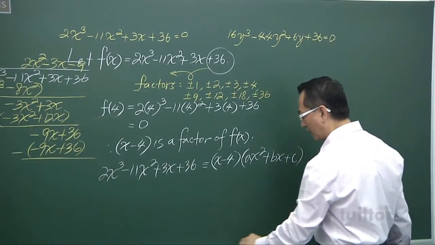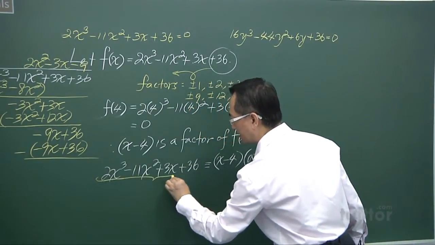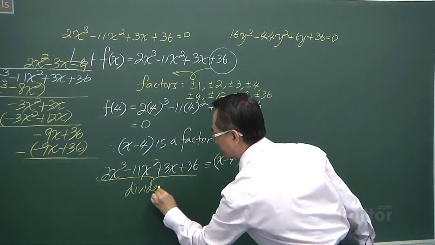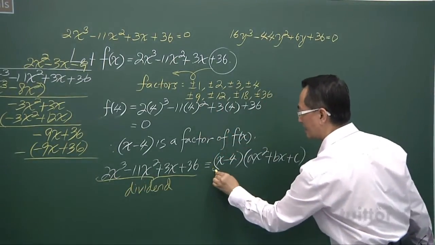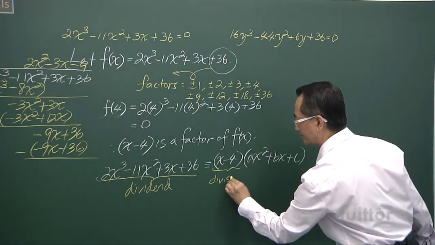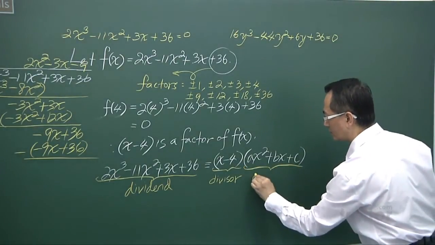Now if you look at this, I can take this as the dividend, and this as my divisor, and this as the quotient.